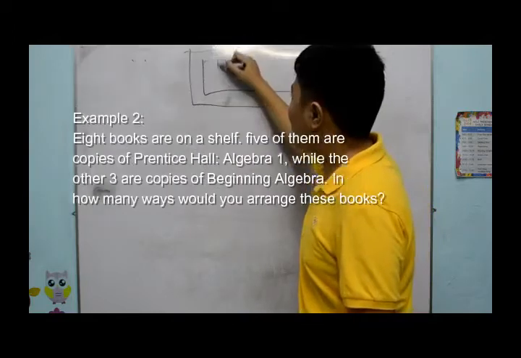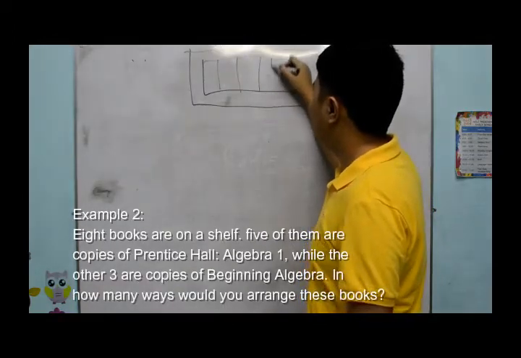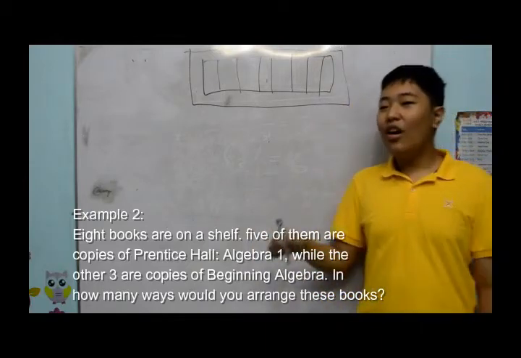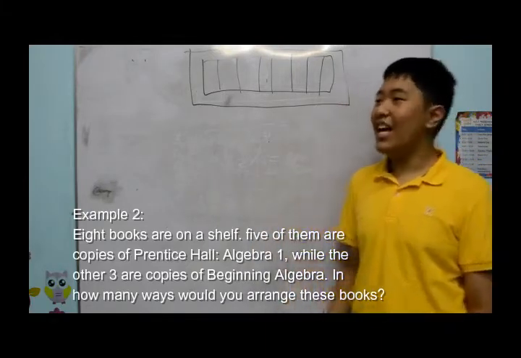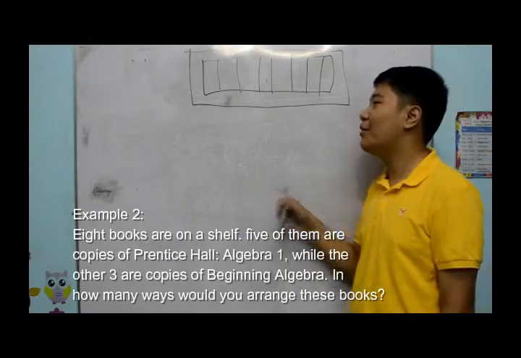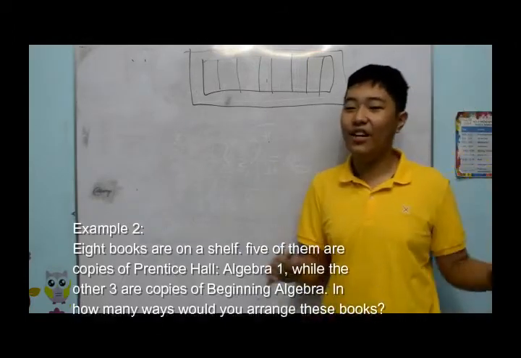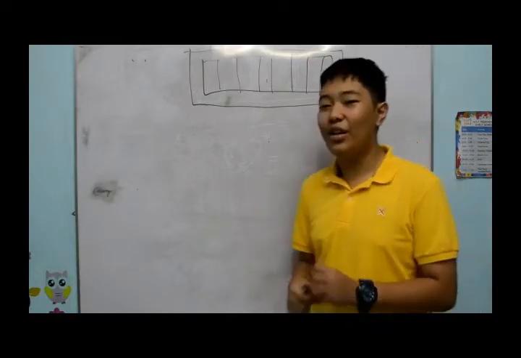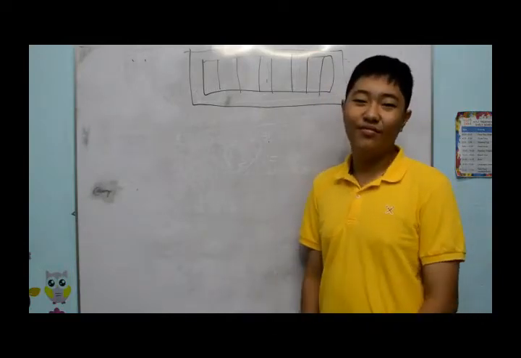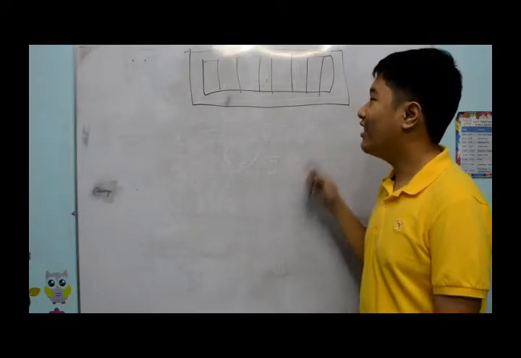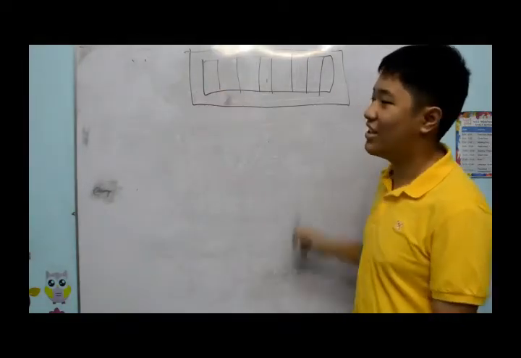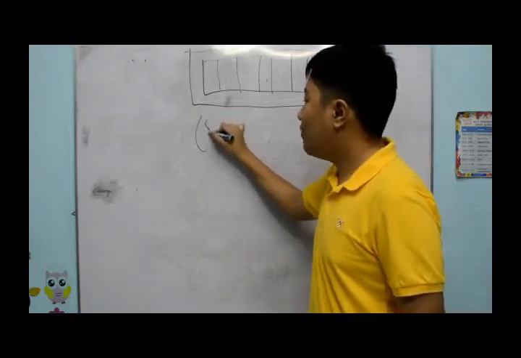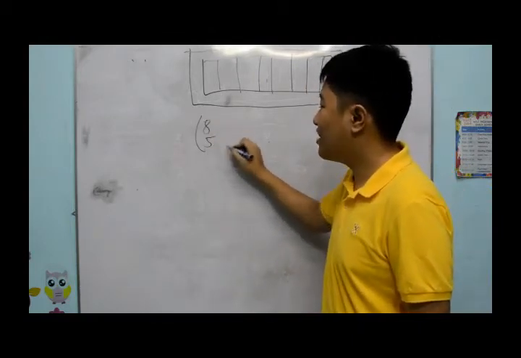Let's try our second example. There are 8 books on a shelf. 5 of them are Prentice Hall Algebra 1 books, and 3 of them are beginning algebra books. In how many ways can we arrange the books? Think about it for a minute. Notice that we can just choose the 5 positions where the beginning algebra books will be placed. So out of the 8 possible positions, we can choose 5.